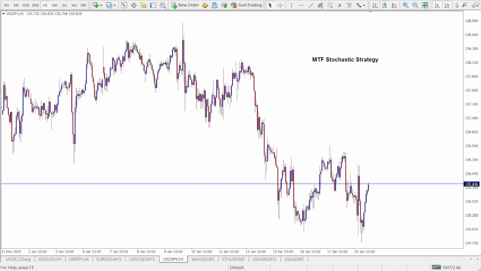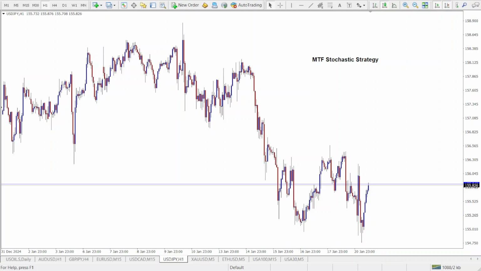Whether you are just starting out or you are a seasoned trader, this strategy is going to bring more clarity to your trades. So let us get right into it.